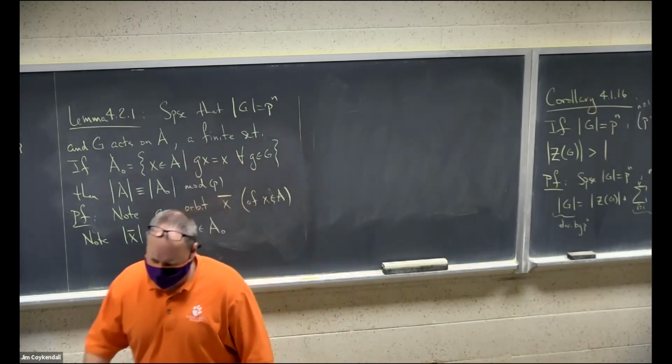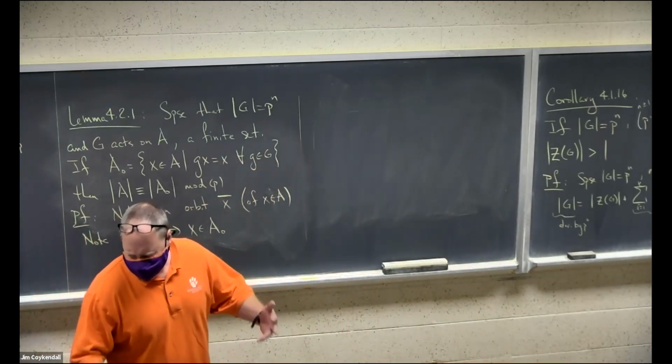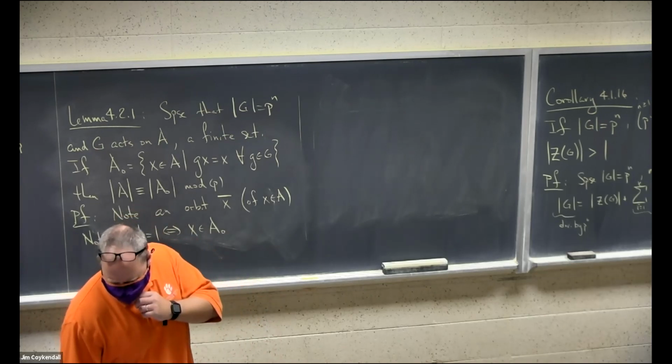And so what I'm going to do is write A as this union of these orbits.